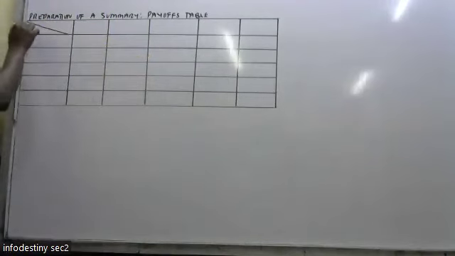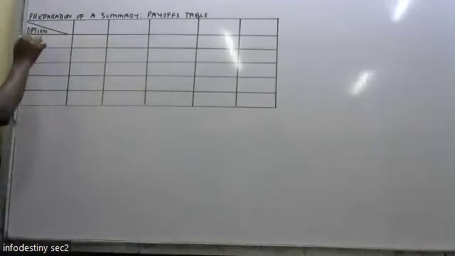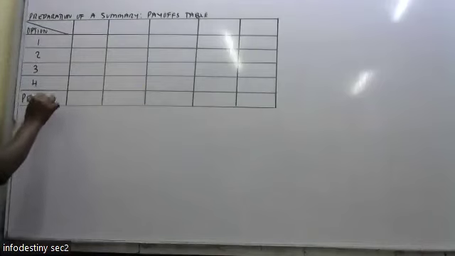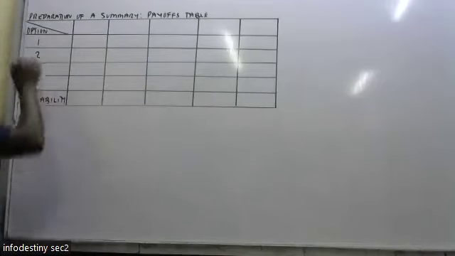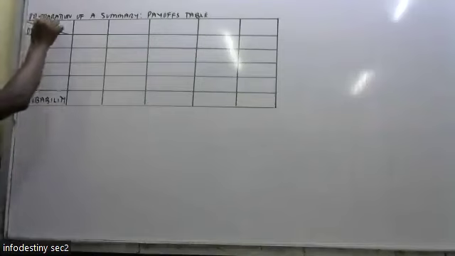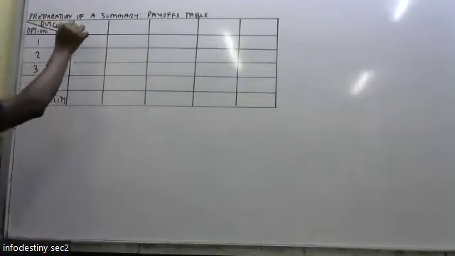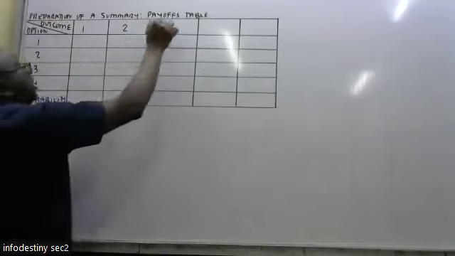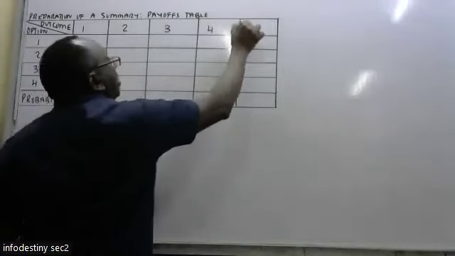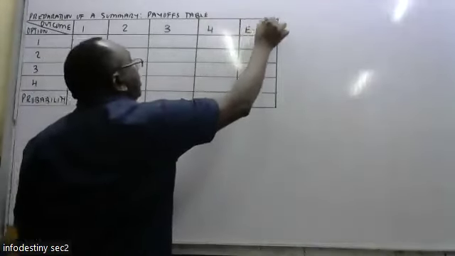On this side, we have the options 1, 2, 3, 4. And then here we have probability. Then we have the outcome, 1, 2, 3, 4. Then we have what is known as EMV.